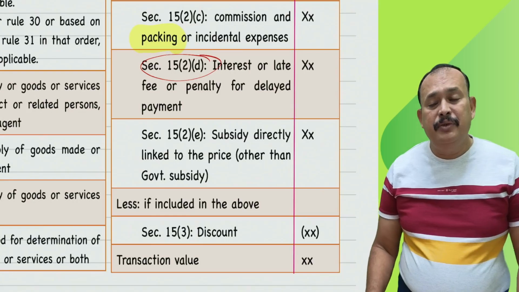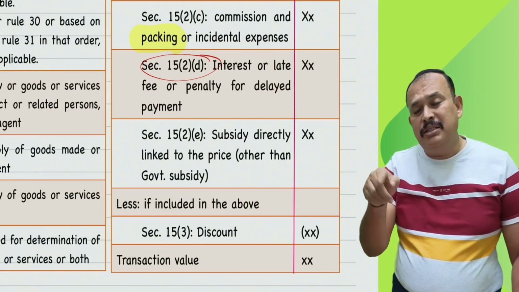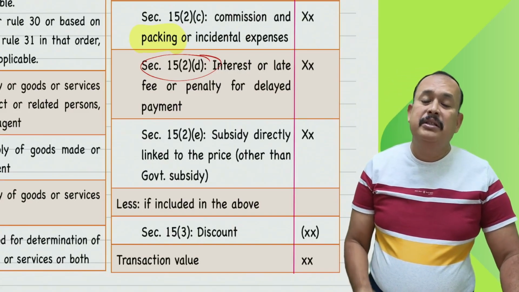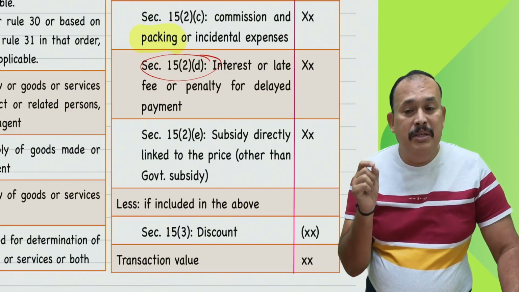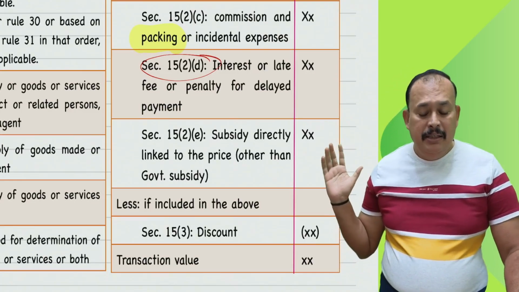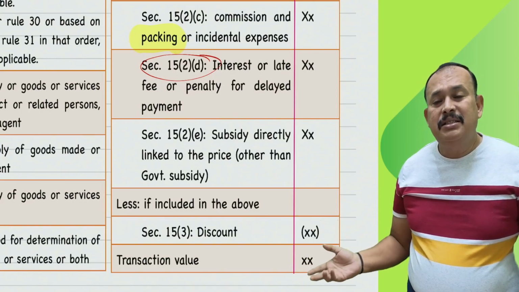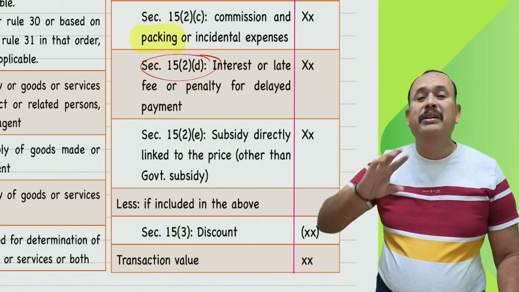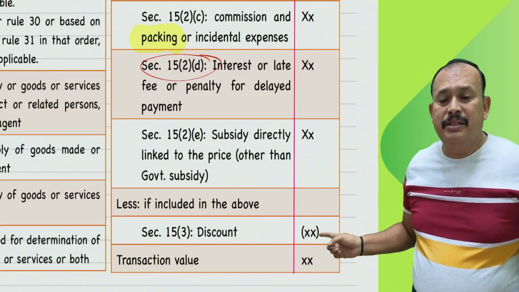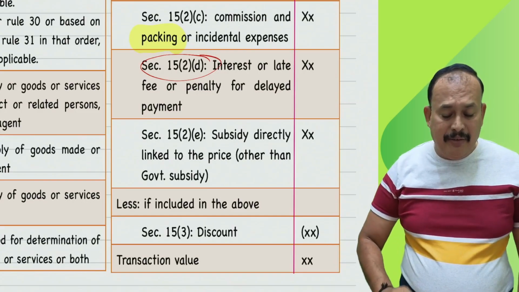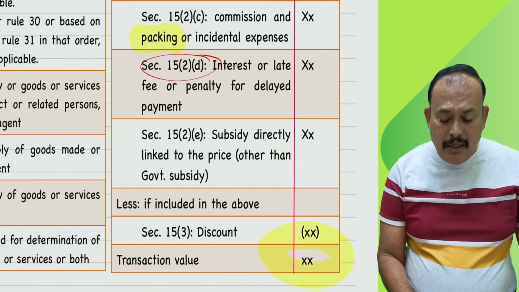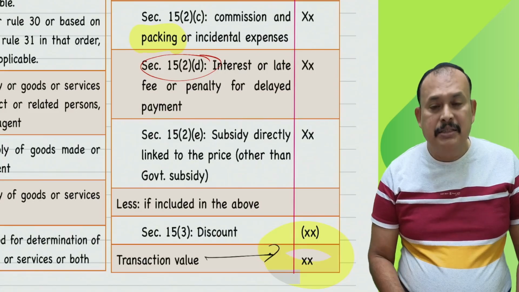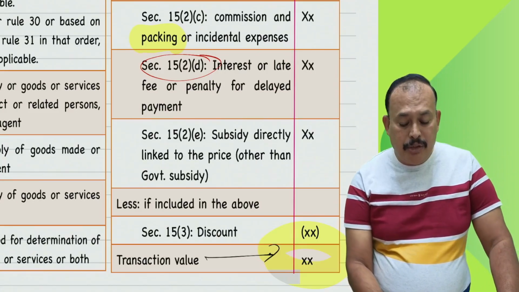E: subsidy directly linked to the product or supply of service, as the case may be, but not government subsidy. Government subsidy should not be added. Deduct discount, which is given before supply or mentioned in the invoice to be given after supply. Both are allowed as deduction. Then finally arriving at the value, that value is called our transaction value, and that value is subject to GST.